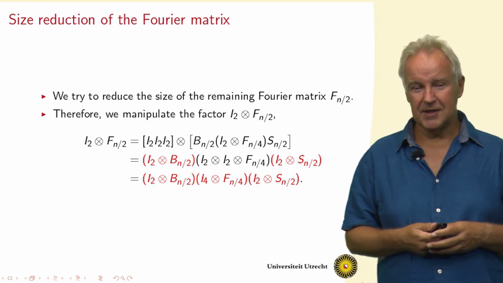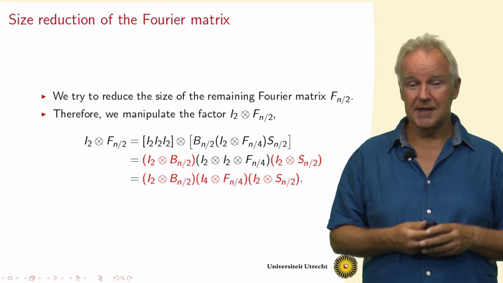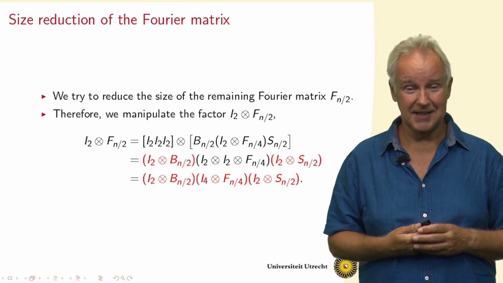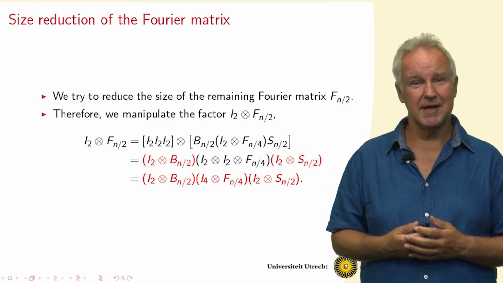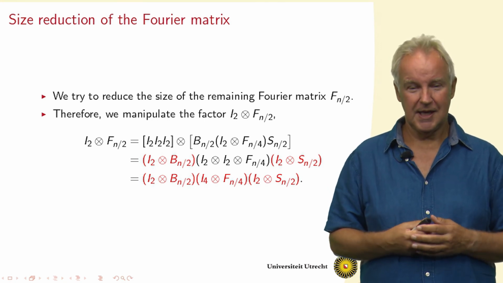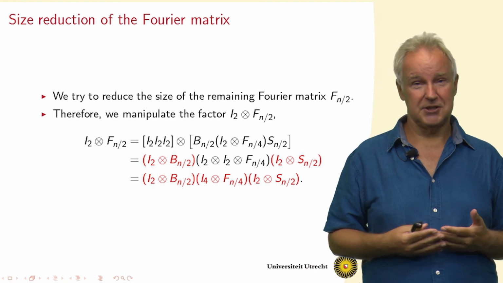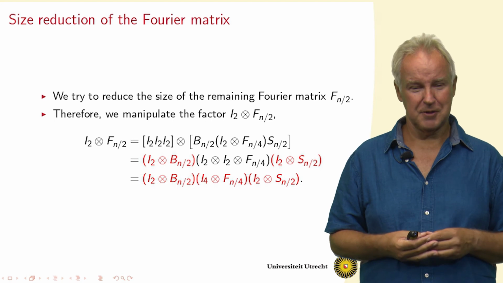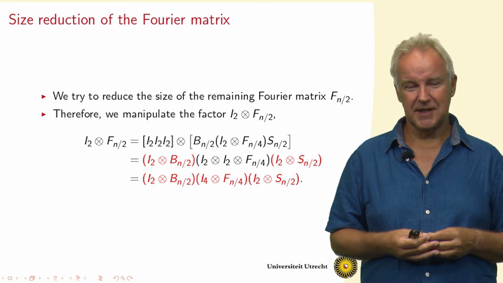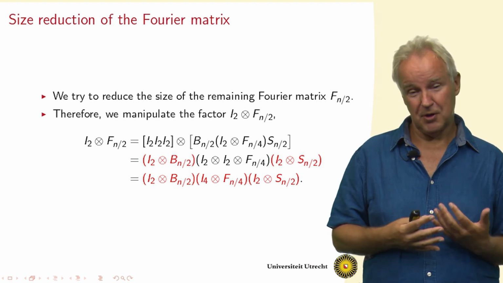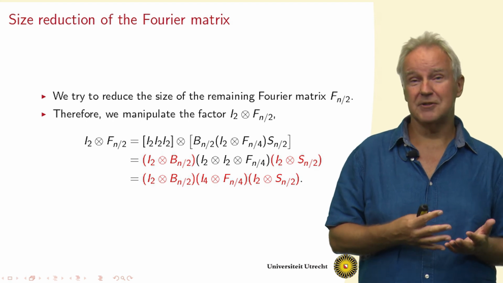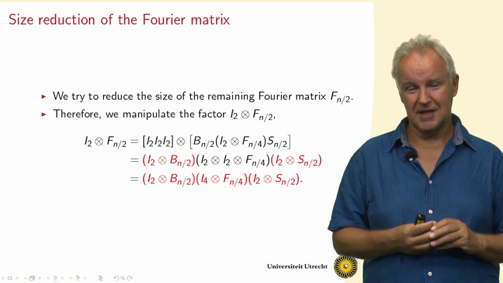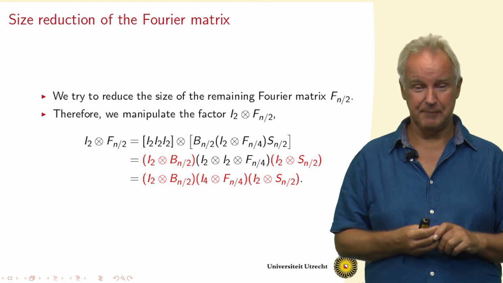And then for the Fn over 2, I can apply this recursive t-shirt formula again, but with n replaced by n over 2. And then we use this mixed product property that we just showed for the Kronecker product, and that means that we can Kronecker multiply every factor I2, and we have 3 of them, with the factors that come from the t-shirt formula.